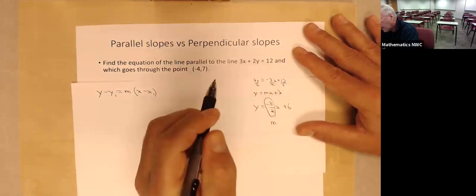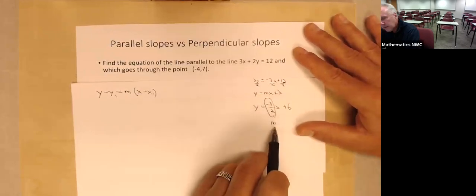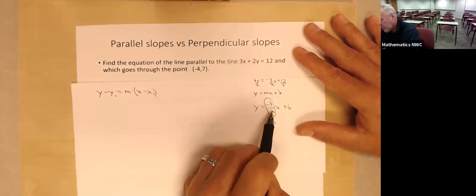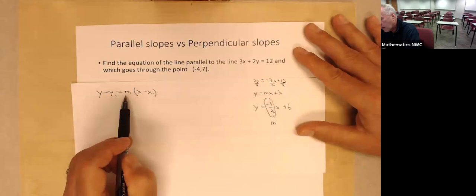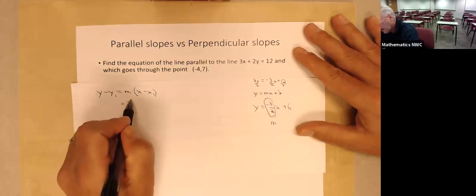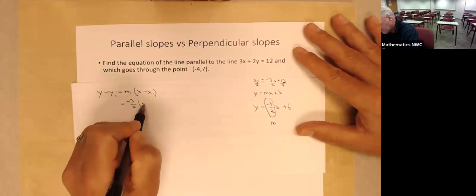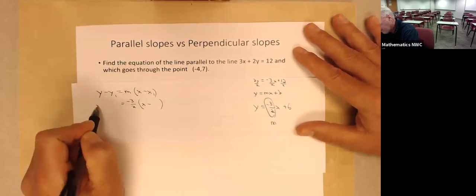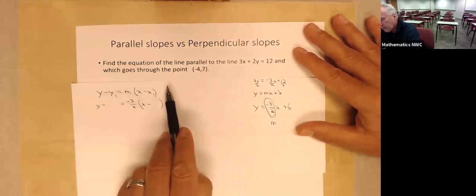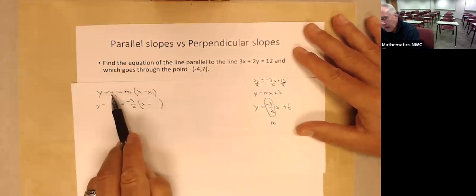That negative 3/2 is my slope because it's parallel to that line, and that line has a slope of a negative 3/2. So that slope I can put over here now into my formula. Negative 3/2. Now I just have to take this point and plug it in for the x1 and the y1.